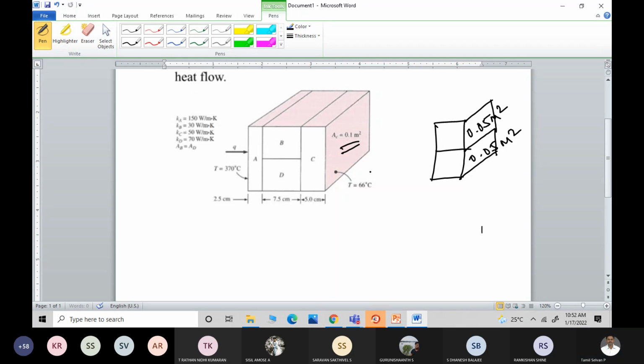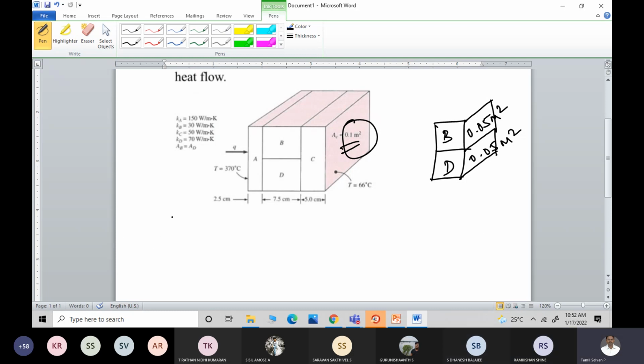For the remaining layers A and C, the area will be 0.1 meter squared only. Is it okay?